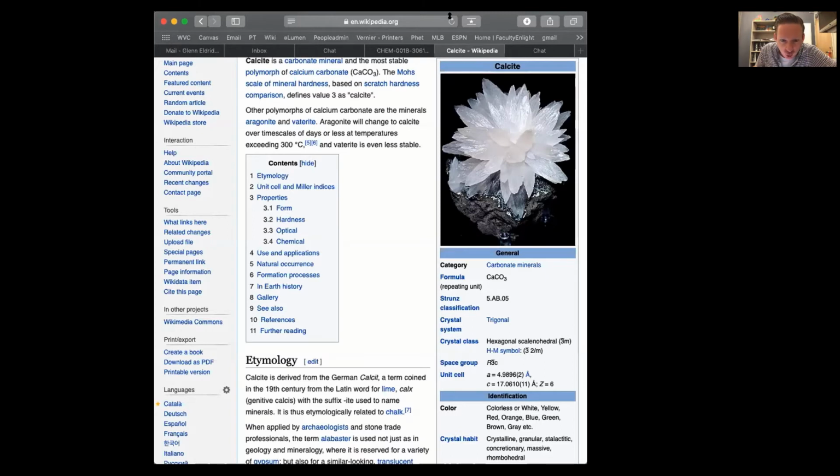And look down here, crystal system, trigonal. And look, we've got a couple different crystal structures here. This one, look at that crystal structure. Each of those points would be where one of the atoms is, a calcium or a carbonate. And it looks the same as the bulk crystal. So the individual unit cell gives rise to the overall shape of the crystal.